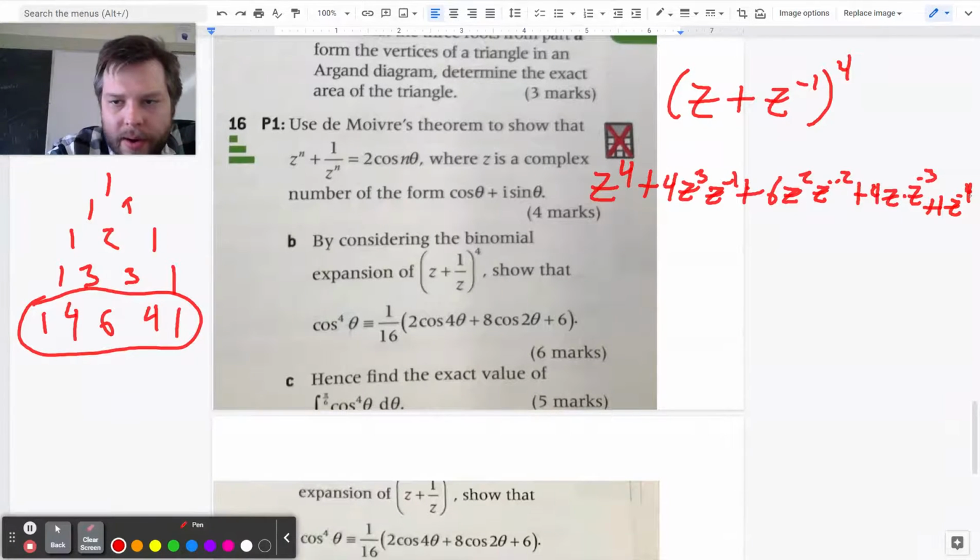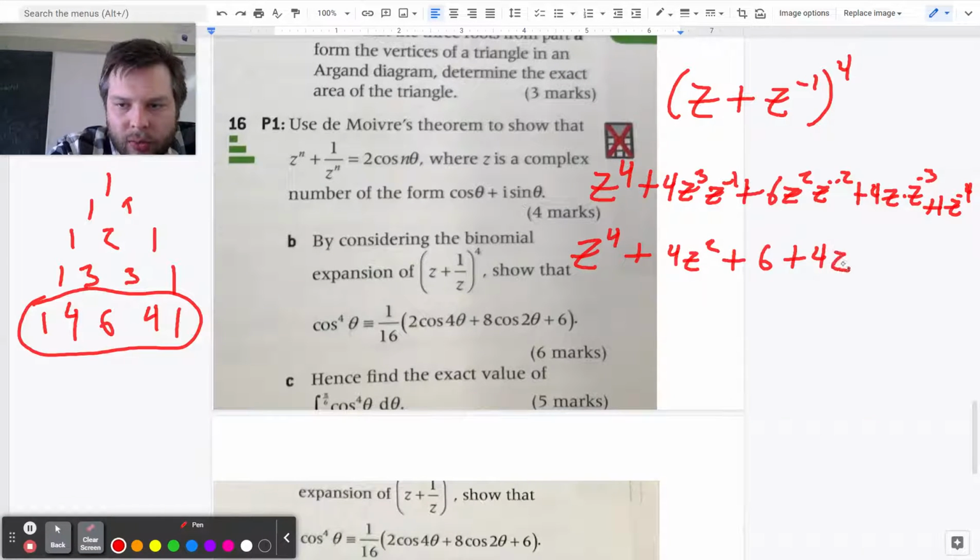That should be okay. Simplifying a little bit, z to the fourth plus 4z squared plus 6 plus 4z to the negative 2 plus z to the negative 4.